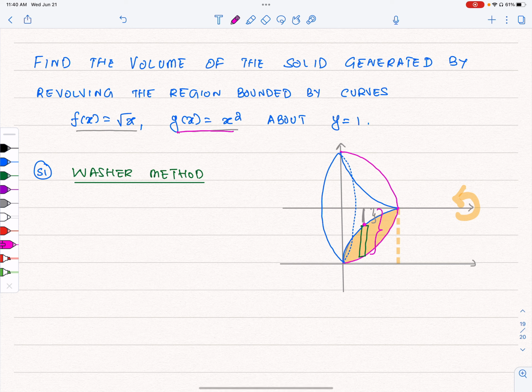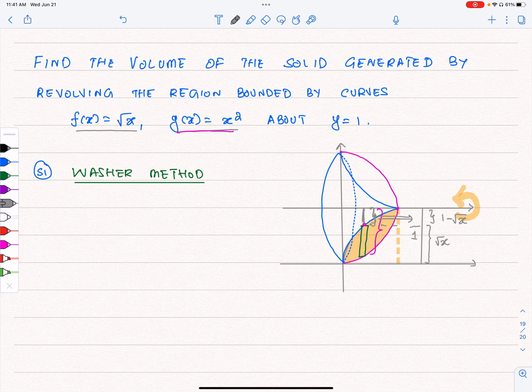So how much is this one? This would be this whole thing minus this thing, right? And this whole thing is 1, and this lower thing is root x, that's the function. So this whole thing is going to be then 1 minus root x.